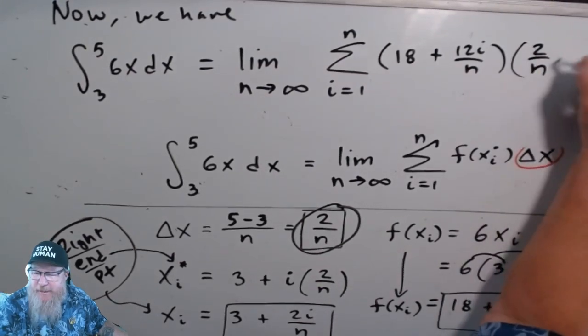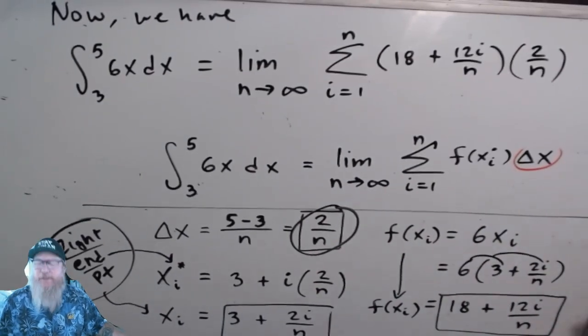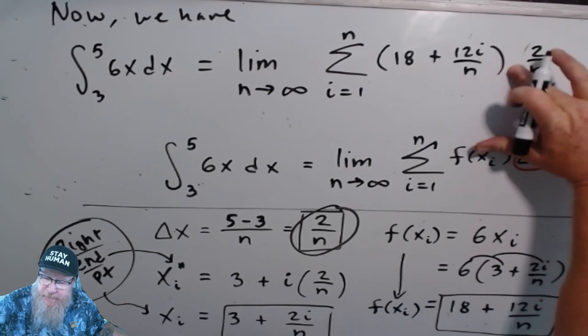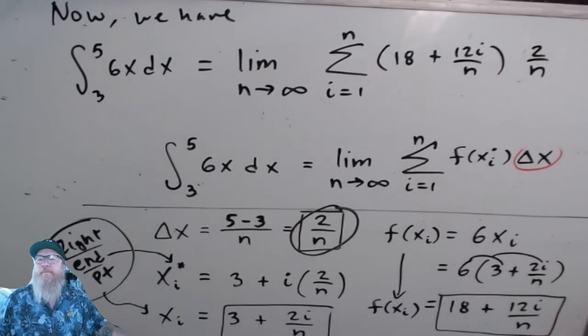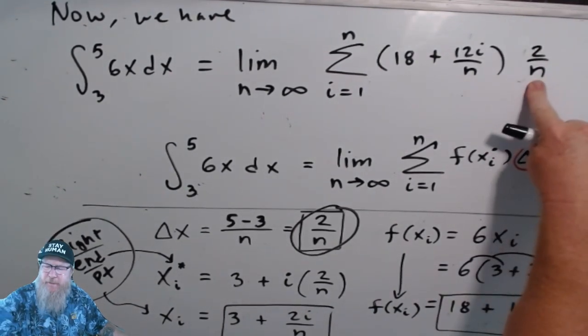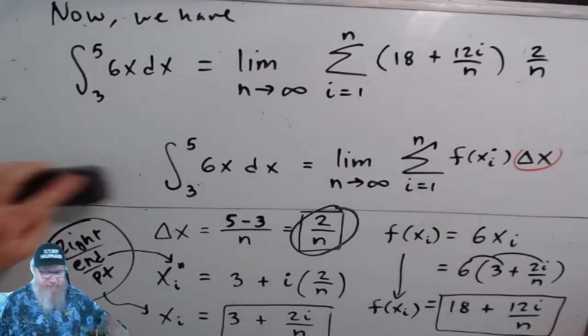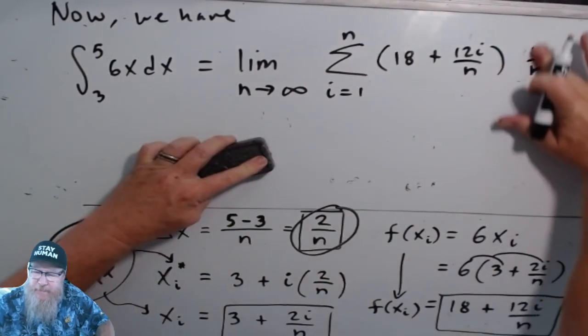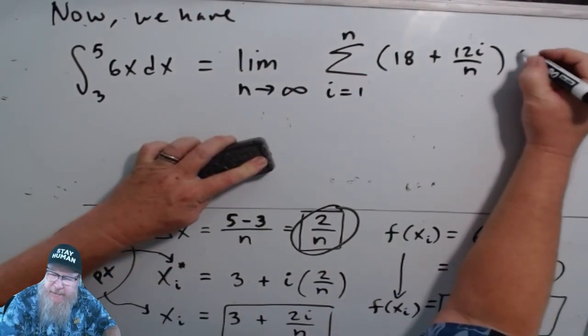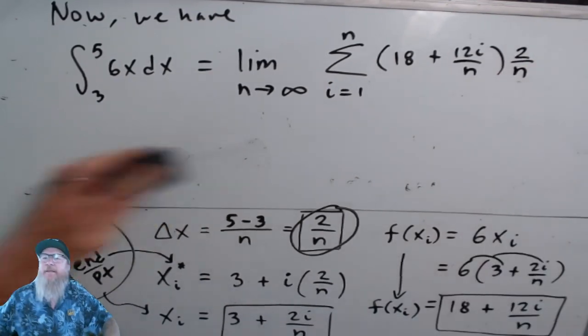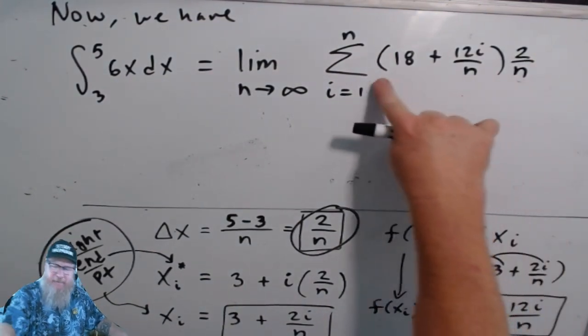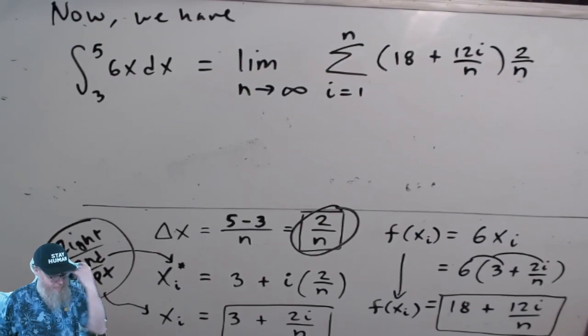You could put an extra set of parentheses or not. I prefer actually to put the 2 over n in front, but it doesn't matter. As long as it's being multiplied, it does not matter what side of the parentheses it's being multiplied.